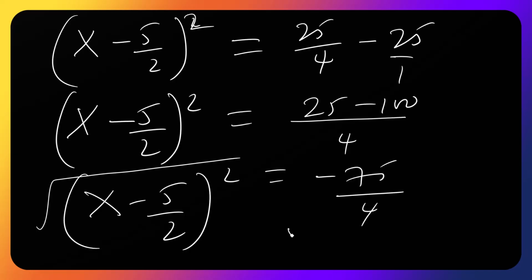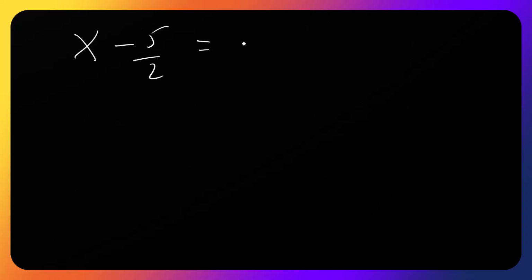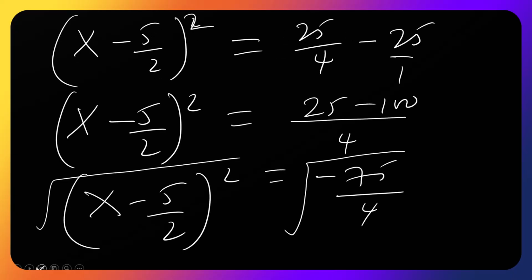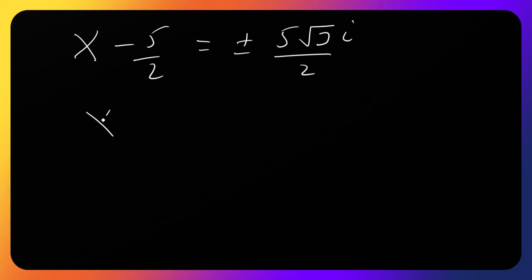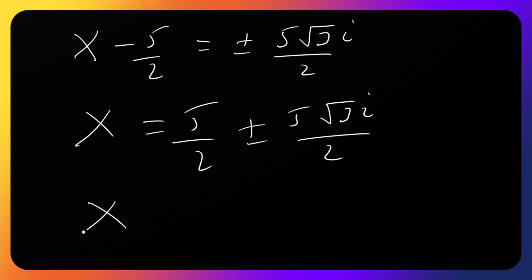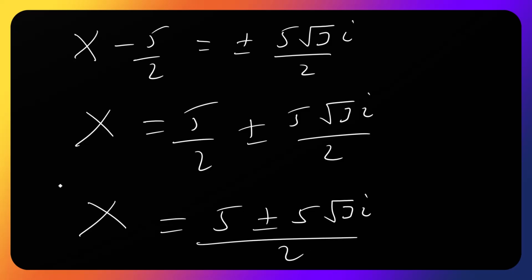Let's take the square root on both sides. This side will be plus or minus 5 root 3 i on 2. So x will be 5 on 2 plus or minus 5 root 3 i on 2. So the final answer is 5 plus or minus 5 root 3 i, all on 2.